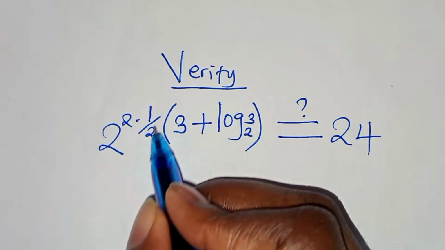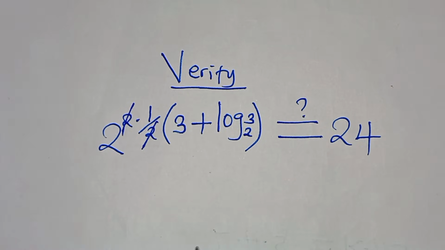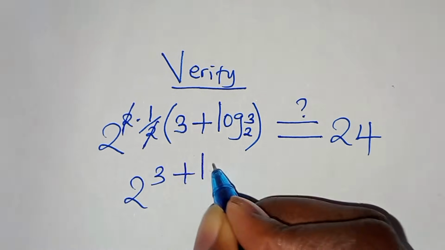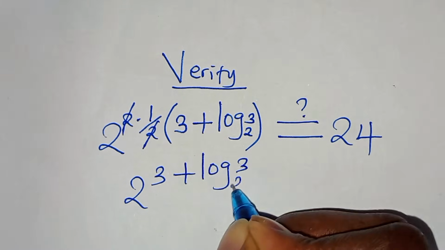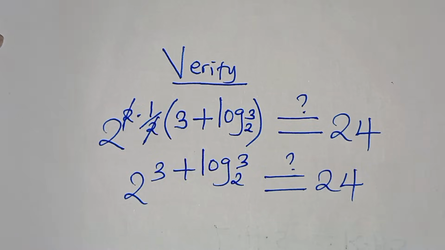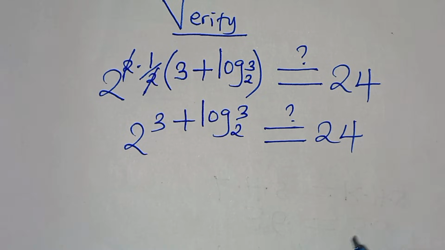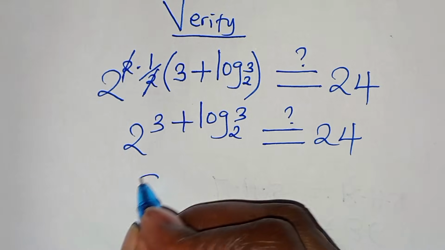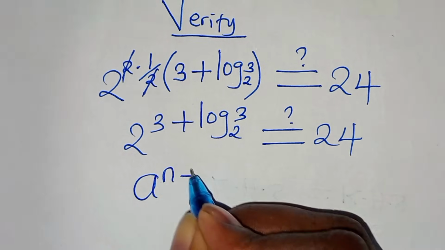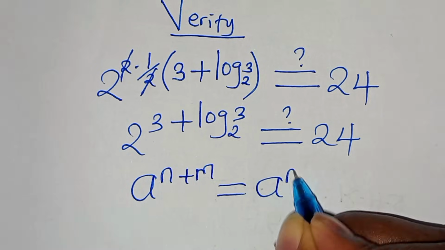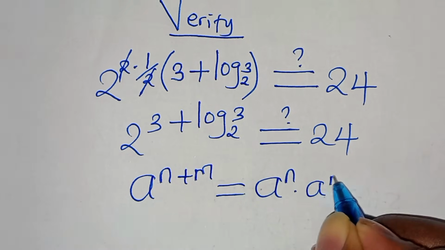Now let's simplify 2 and 2 here, so that now we have 2 to the power of 3 plus log 3 to base 2. This should give us a value of 24. Now 2 to the power of 3 plus log 3 to base 2 is in the form of a to the power of n plus m, which we can express as a to the power of n times a to the power of m.